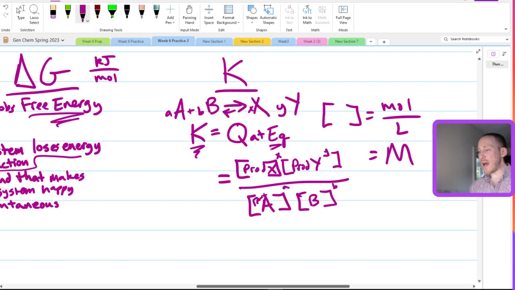So if we're at equilibrium, if it's going back and forth at the same rate and it stops changing when you look at it over time, then K is the same thing as Q. So that's if you're at equilibrium. But Q is when you're not at equilibrium.